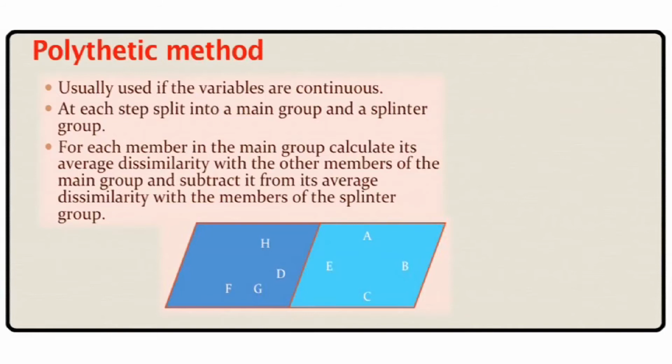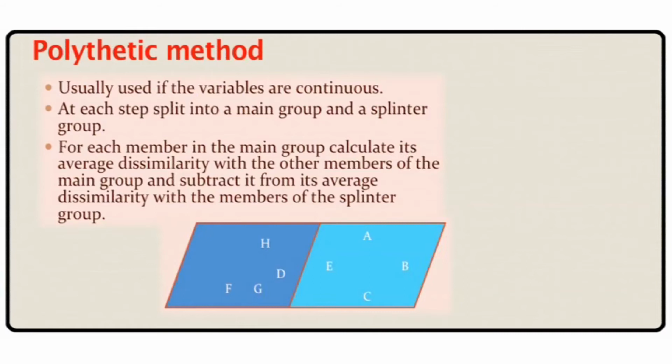Look at, say, any one of the members, say B. We calculate the distance of B from A, from E and from C. These three distances we average out. Then we calculate the distance of B from D, H, F and G, and then take the average of those also. And then we take the difference of these two averages.